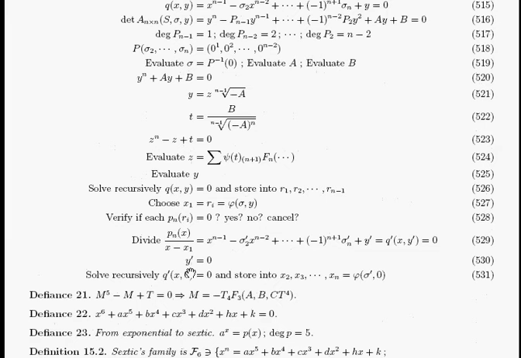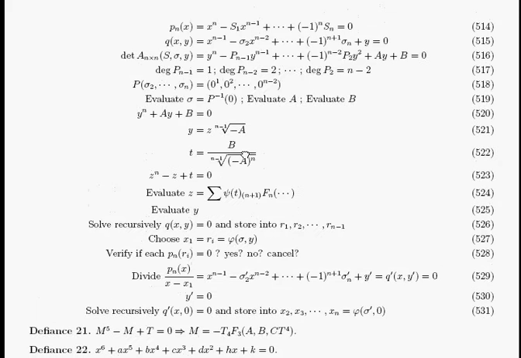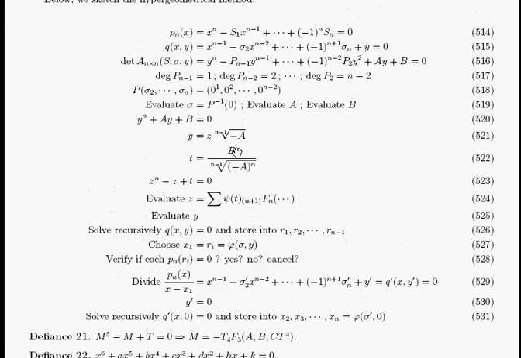We have y line equals to 0 by the same prototype. Here we have q of x, y, here we have q line of x, y line, but our y line is 0.